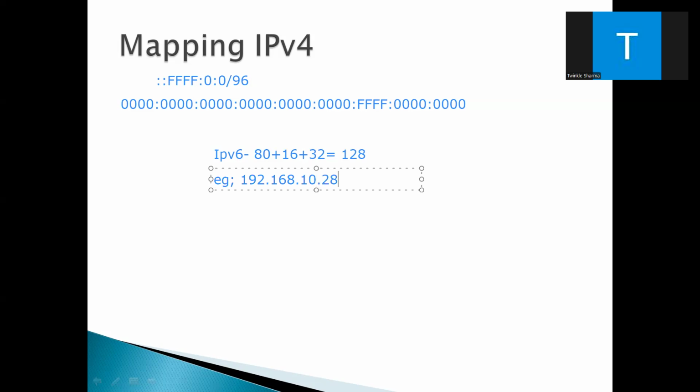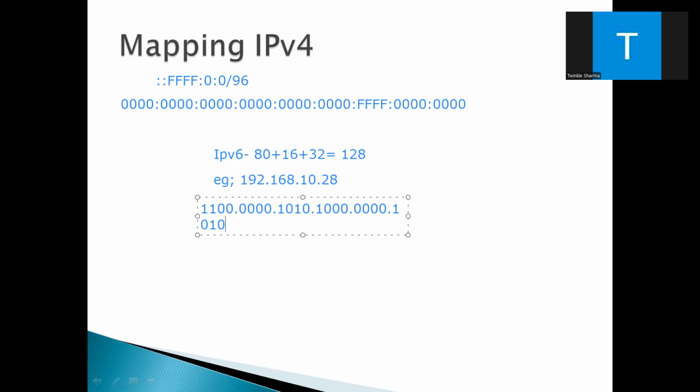Okay. Example: 192.168.10.28 in binary. We can say 1100 0000 1010 1000 0000 1010 0001 1100.